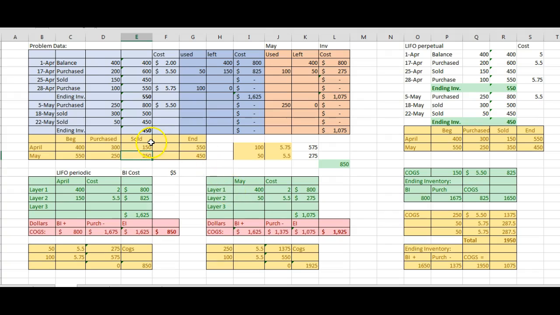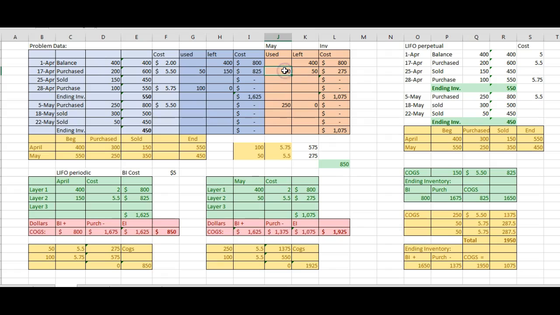So now what do? Okay, so I'm at the bottom. Here's my last purchase. It was 250 at 550. So that leaves 0 in that layer. Where's my next layer? Right here. Because we've already used this layer, remember?